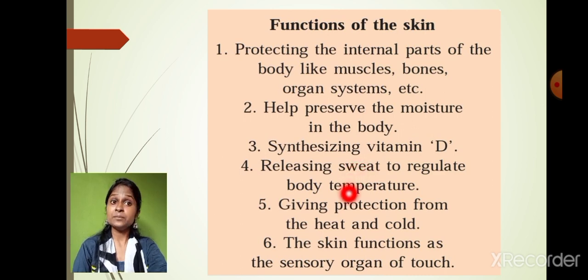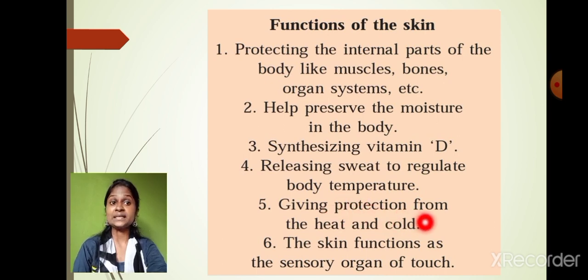Okay, and you must have noticed that sometimes we sweat. So sweating is also done by the skin only. When we sweat, our skin also sometimes becomes oily. This skin protects us from heat and cold as well. On our skin a lot of hair is present, and the hair protects us from heat and cold as well.